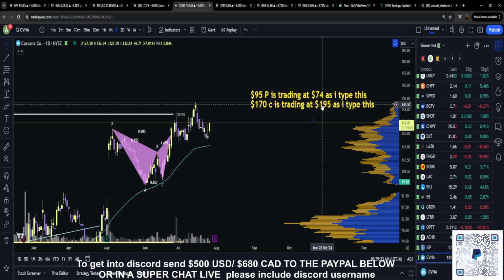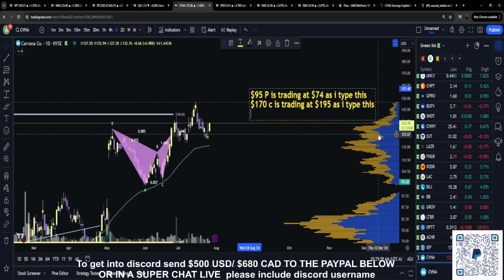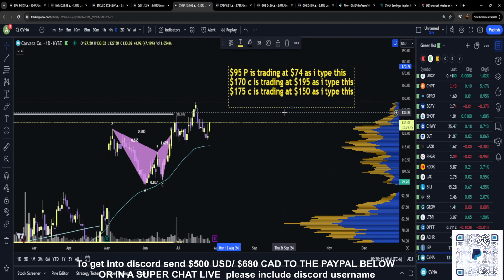So maybe we can take a little bit more risk with a little less money on the table, and do a Carvana 175 call instead of the 170, for the same expiration. That contract is currently trading at $150. So they're still both relatively expensive no matter what you do.